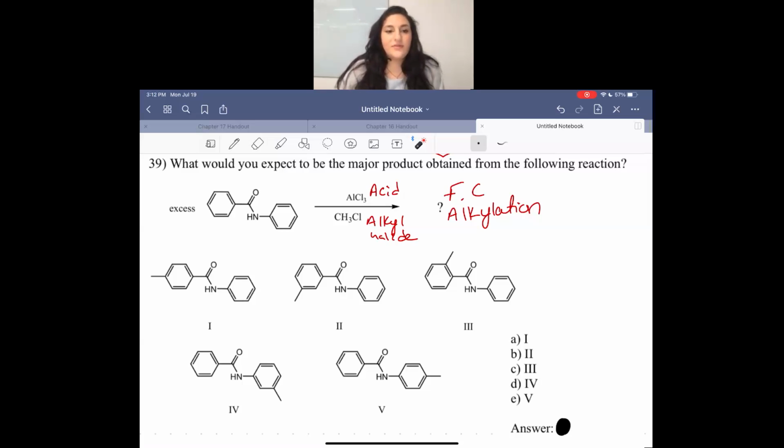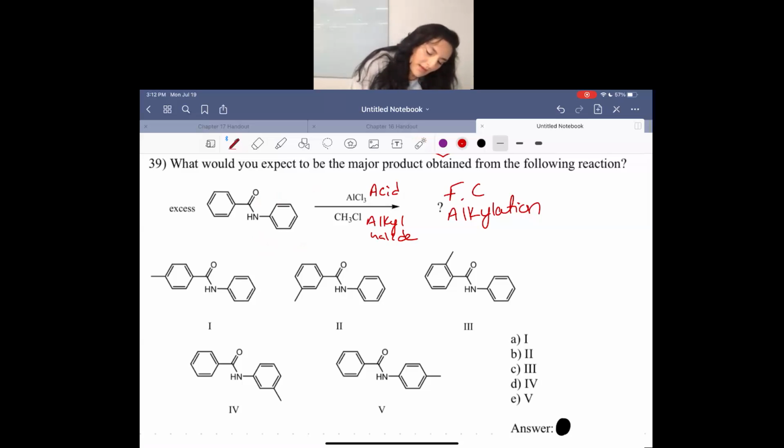So, rules of Friedel-Crafts. They cannot happen with a strong deactivator or with NH2. So, we have 2 rings in this example. We have ring A and we have ring B. Does ring A have an activator or a deactivator on it?